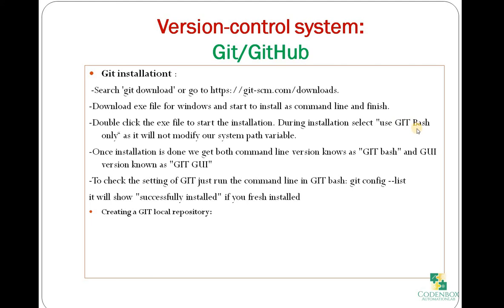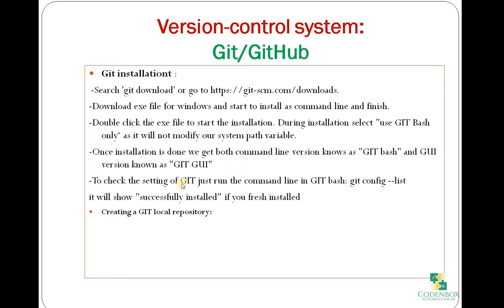Once the installation is done, you will see Git has two versions. One is called Git Bash, and the other is the GUI version, or Git GUI. Git Bash is like Git commands, where you can do everything with commands, and the GUI is a graphical user interface.